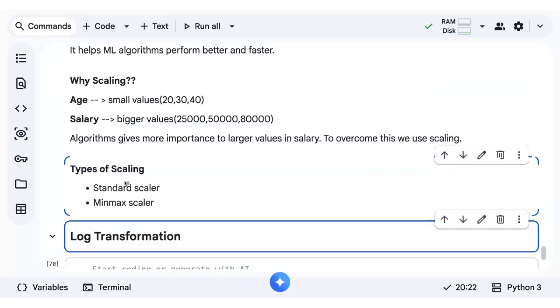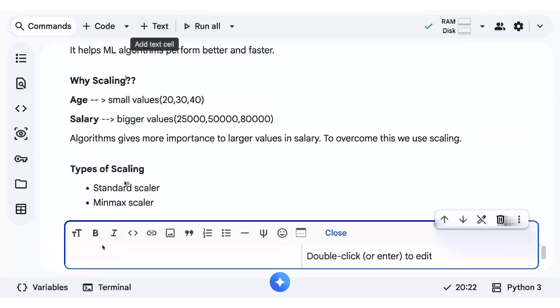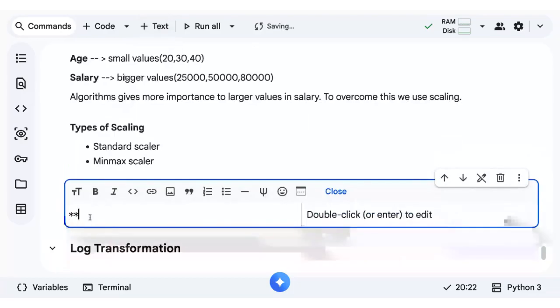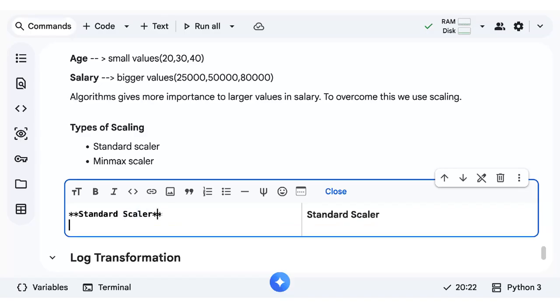So what is standard scaler now? What is standard scaler? What will it do?